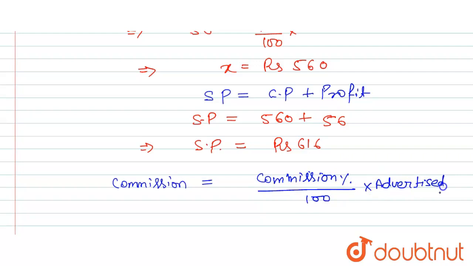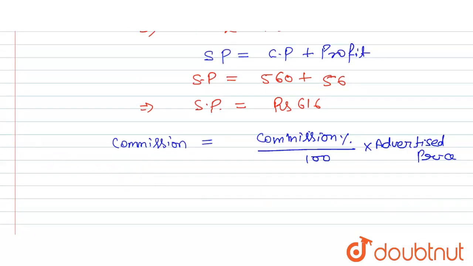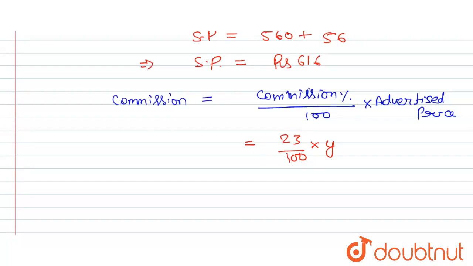Here the commission percent is given, so this is equal to 23 upon 100, and the advertised price we are considering is Y. So commission is equal to 23 upon 100 into Y.